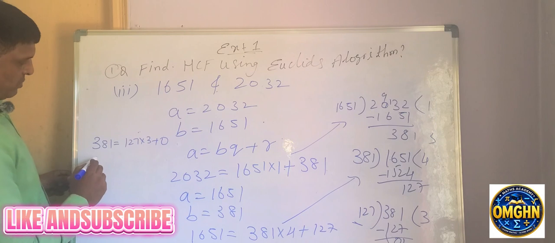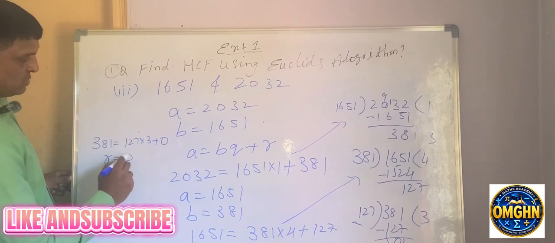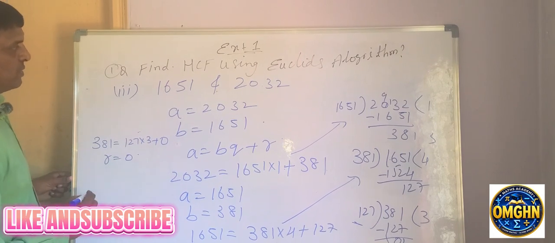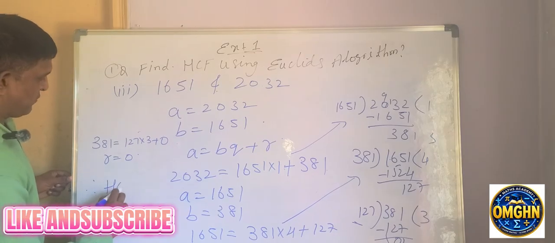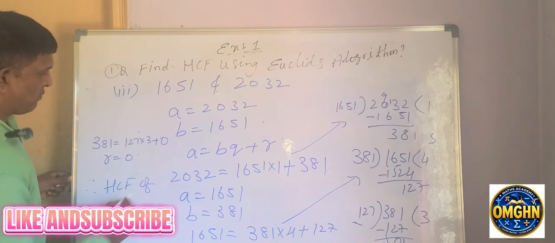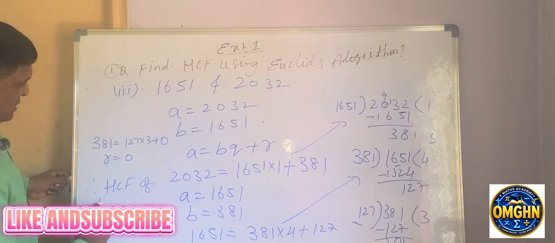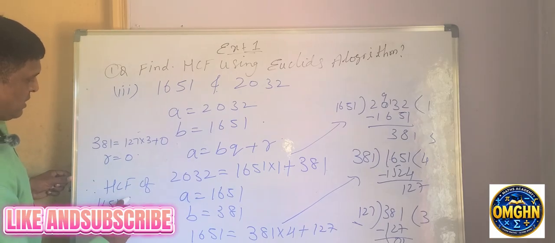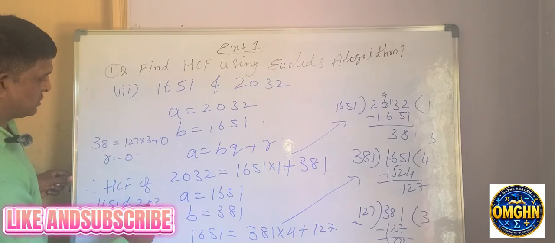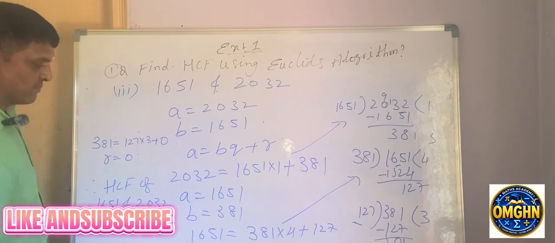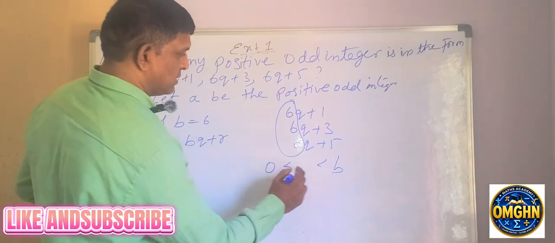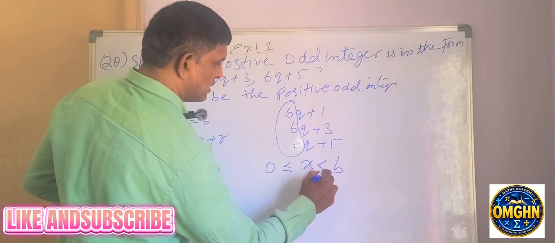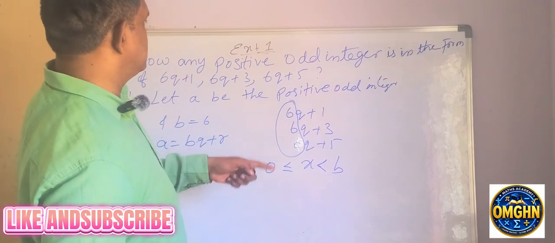Now we got the remainder equal to 0. So therefore the HCF of 1651 and 2032 is 127.